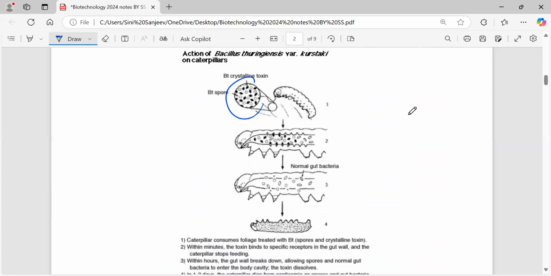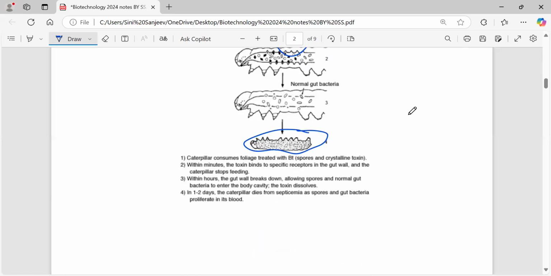You can see over here, it's a Bt spore or a crystalline toxin. So this particular caterpillar is eating that particular leaf. So the normal gut bacteria, along with the crystal proteins, have been taken in, and afterwards you can see at last what happened to that caterpillar? Lysis. Because spores were formed, it led ultimately to the death of that particular caterpillar.